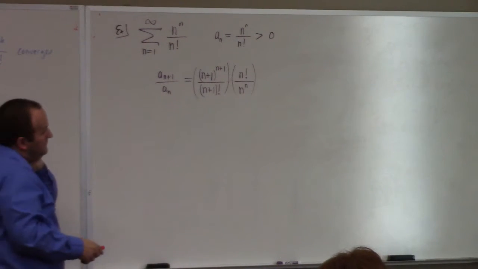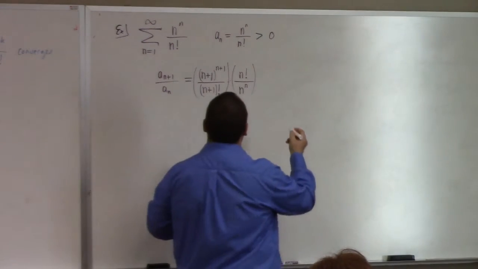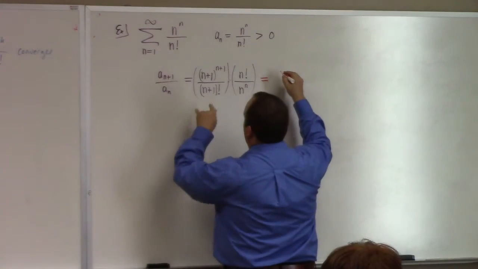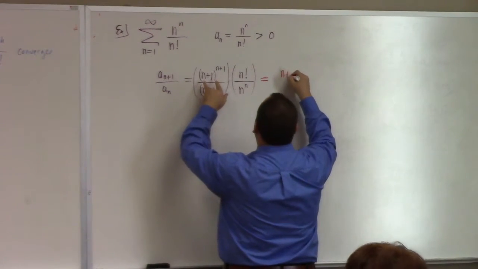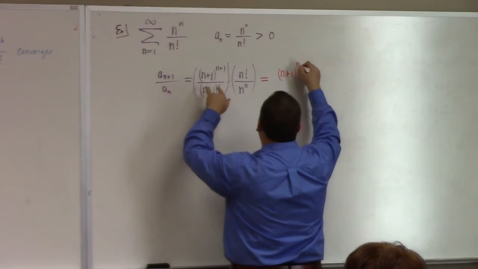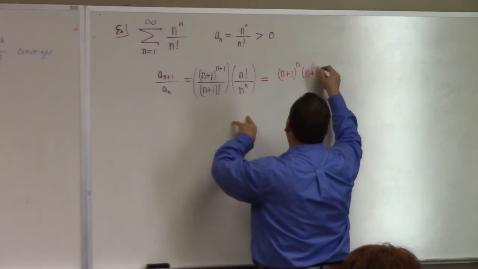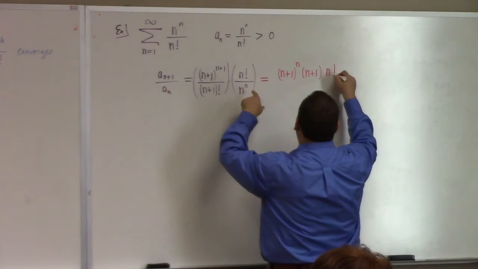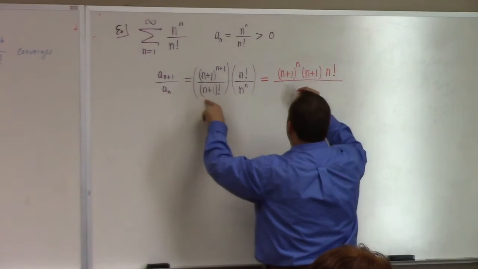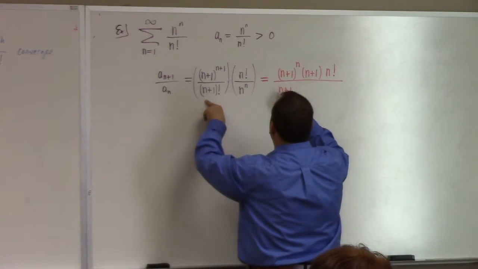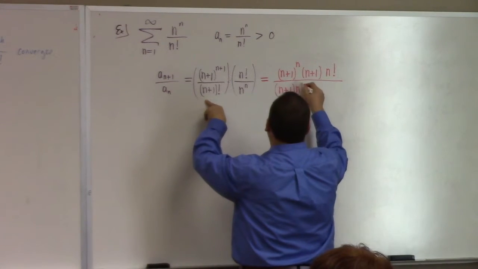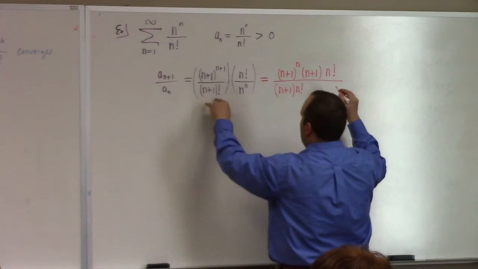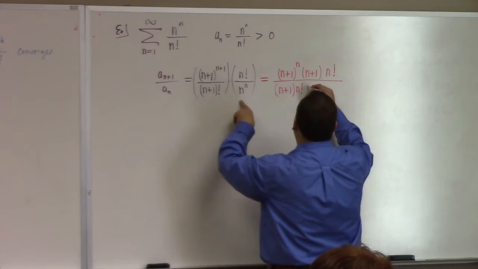So we use laws of algebra here. N plus 1 to the n plus 1 is really n plus 1 to the n times n plus 1, right? And then n factorial, well, that's just there. Downstairs, I have n plus 1 times n factorial using the factorial definition again, and then times n to the n.